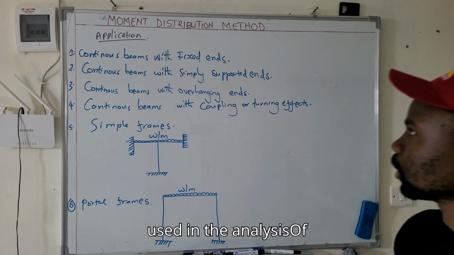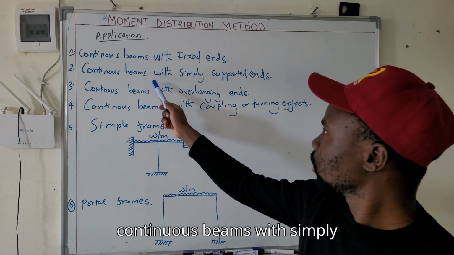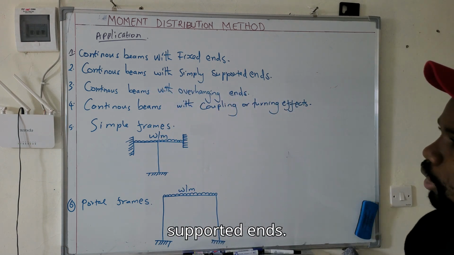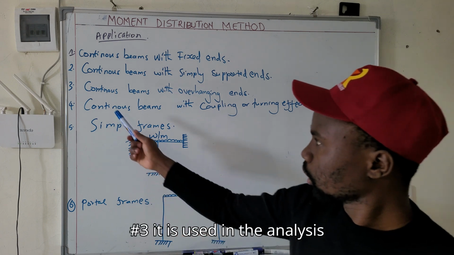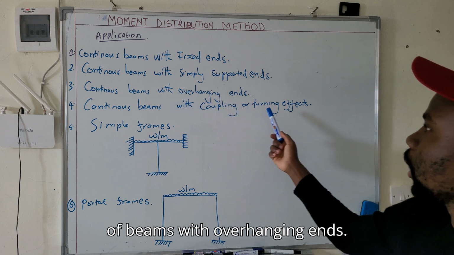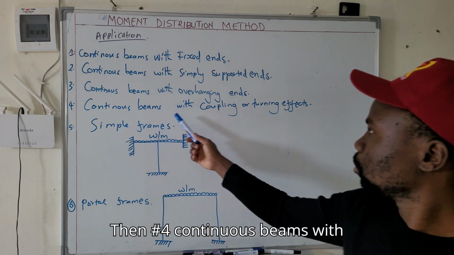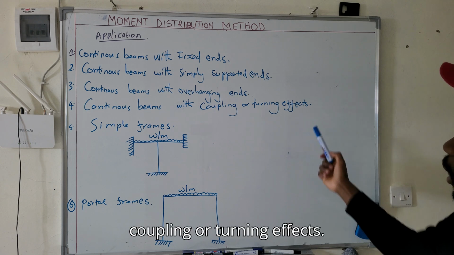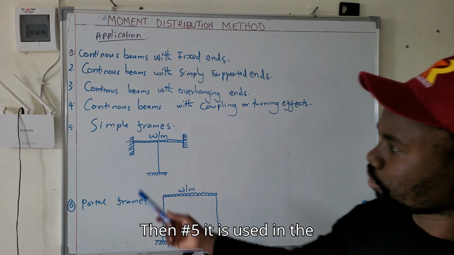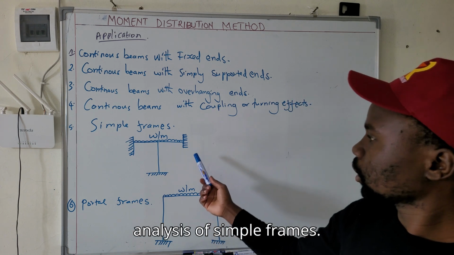It is used in the analysis of continuous beams with simply supported ends. Number 3. It is used in the analysis of beams with overhanging ends. Then number 4. Continuous beams with coupling or turning effects. And then number 5. It is used in the analysis of simple frames.